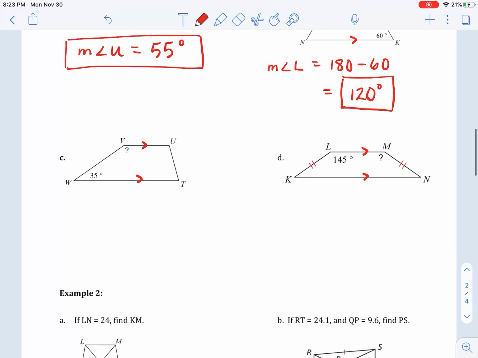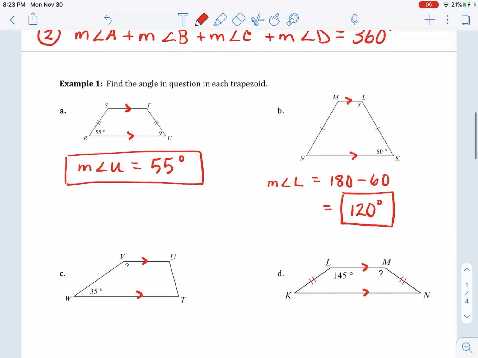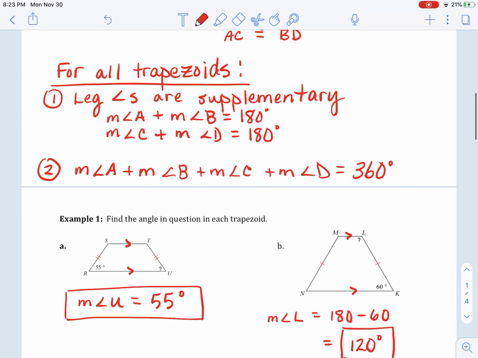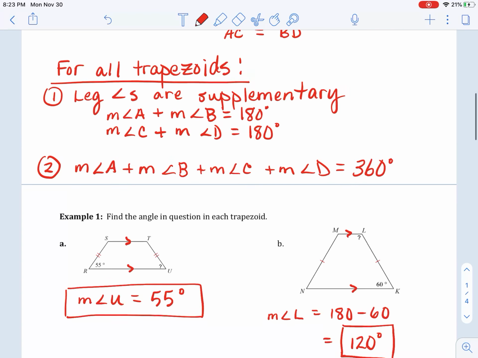If we keep looking here, in C, we have again some leg angles. Our question mark's on V and our 35 is on W. That's running along one of our legs. And notice this one's not isosceles, but it doesn't have to be, because if you go back above, all trapezoids have leg angles that are supplementary.